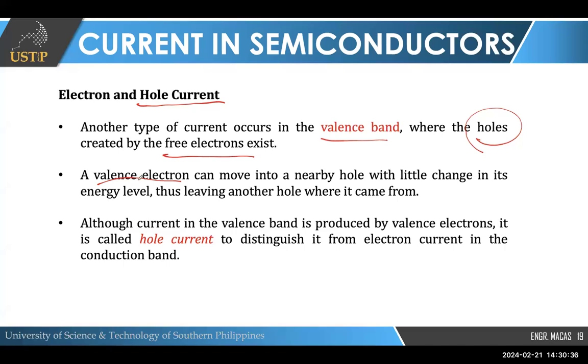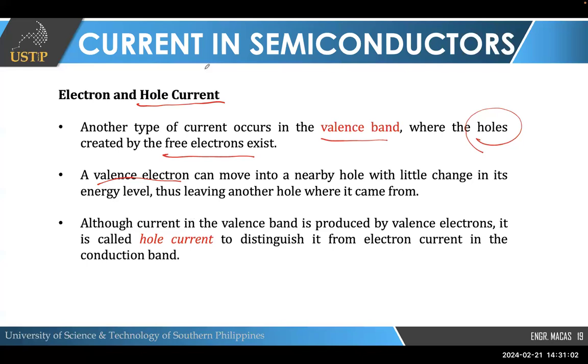So the valence electron will move to the nearby hole. Of course, there's a movement of electrons. If you measure it, it is a small current flow, electron flow, in your valence band.